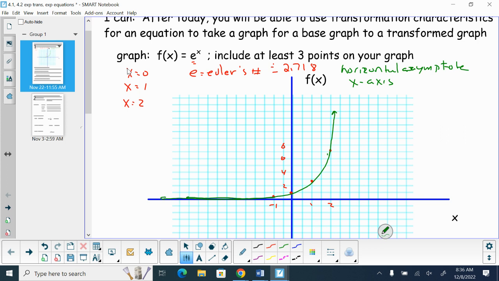We'll just slide along that x-axis as we go along. And all of your exponential functions will have some sort of curve to it. Okay, this would be an exponential function.